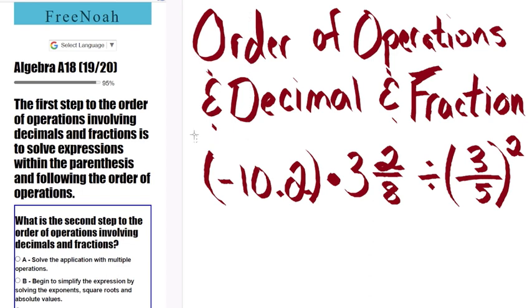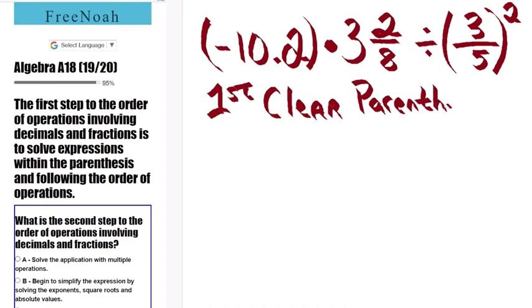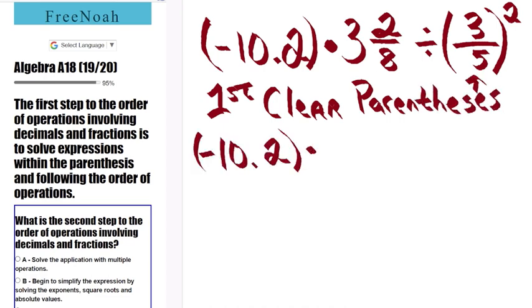So the first step here would be to clear the parentheses. We have 3/5 in parentheses. And what we could do is decimal to fraction, or in this case, fraction to decimal. So let's rewrite everything as is, and let's find the decimal form of 3/5.